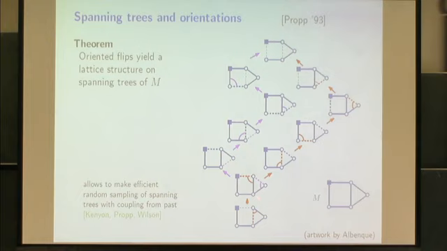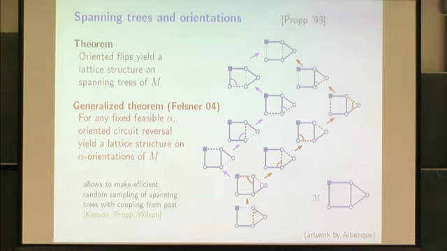In particular, you can go from any configuration to any other, and you can use this lattice structure, for instance, to make random sampling in an efficient way, and that's maybe one of the first ways these results were used.